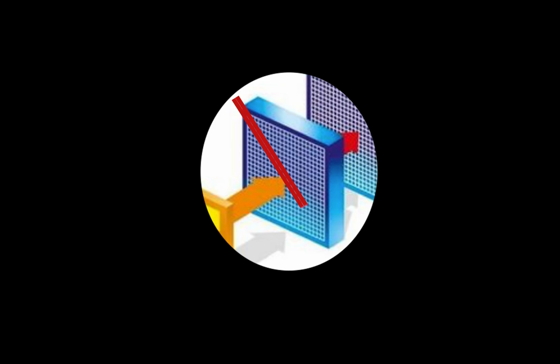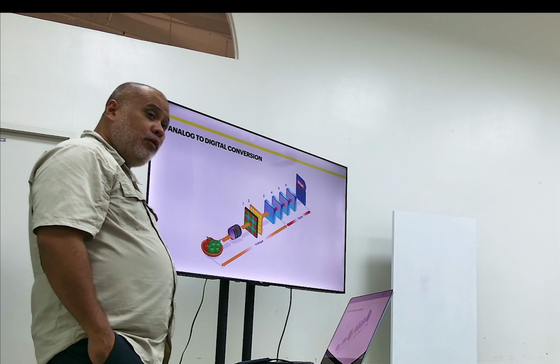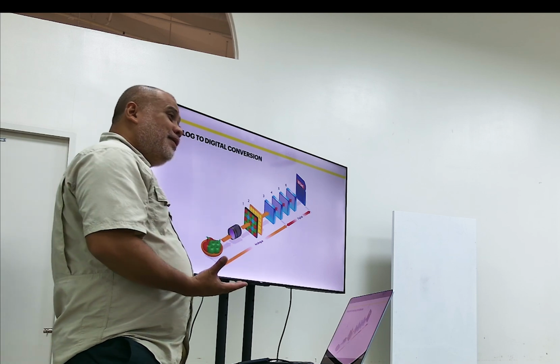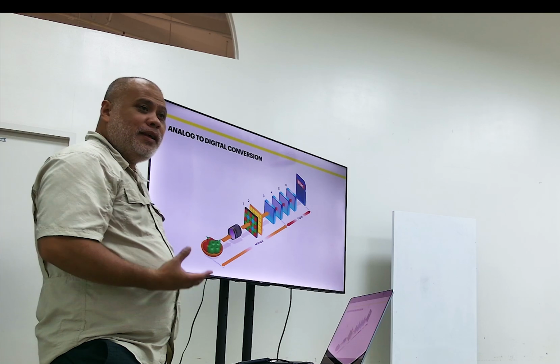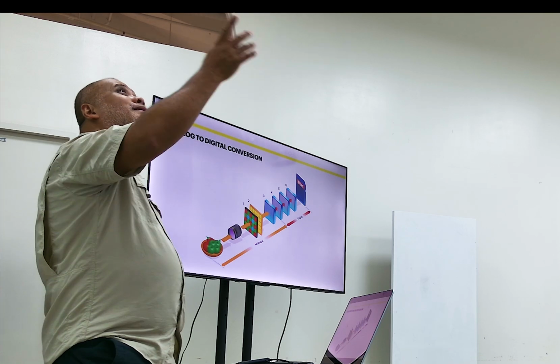But because it's digital now, it goes to the SD card. So there's an analog to digital conversion. It means photography is still analog because we are shooting with analog light, meaning the light coming from the sun, from the strobe, or whatever light source it is. All of this is analog.